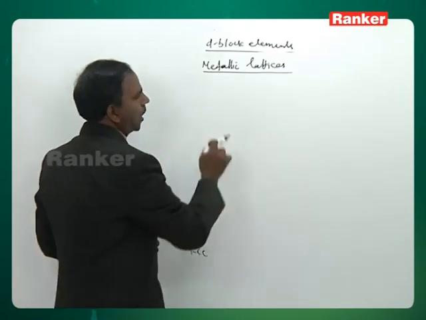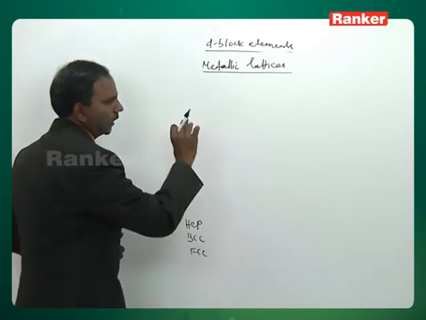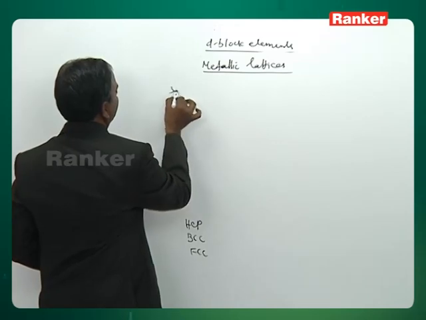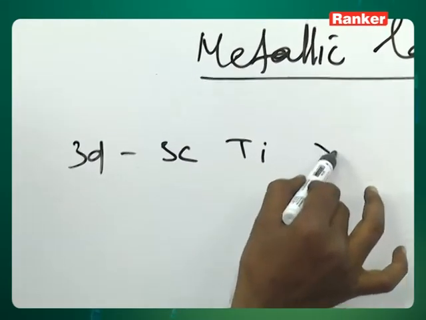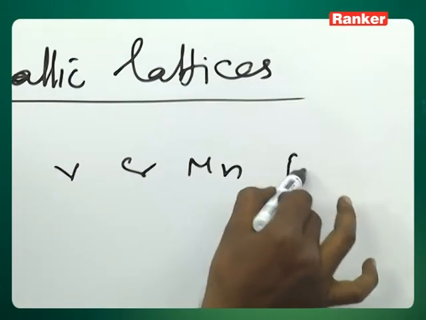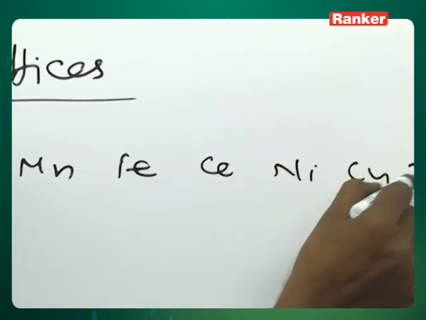I am writing the 3d, 4d, 5d series now. The 3d series: scandium, titanium, vanadium, chromium, manganese, iron, cobalt, nickel, copper and zinc.